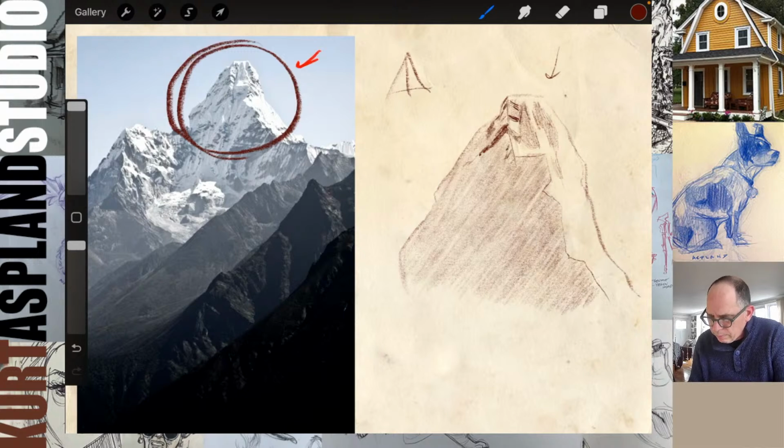Now when I'm doing this, I'm looking at the negative shape and the positive shape. I'm constantly jumping back and forth, looking at shapes. What's the shape of the snow in its negative form? What's the shape of a shadow in its negative form?